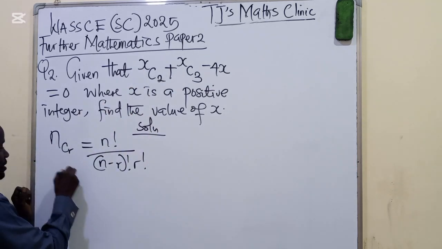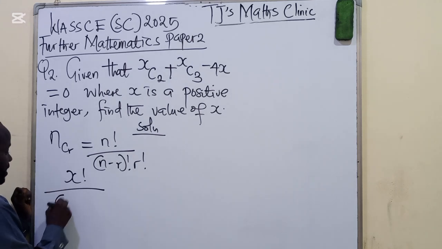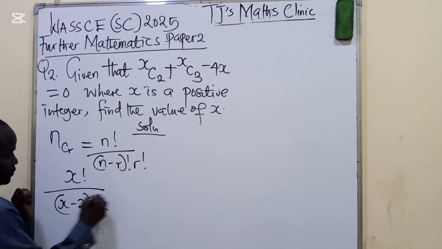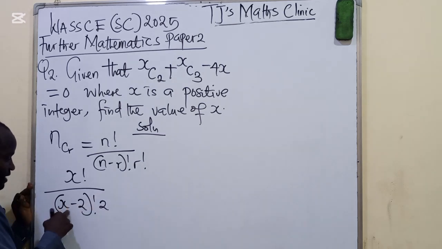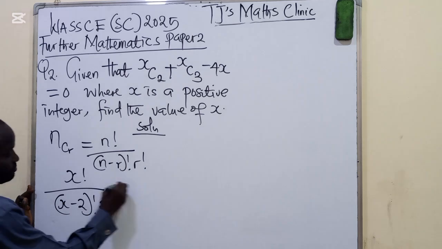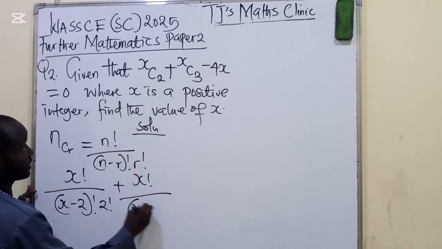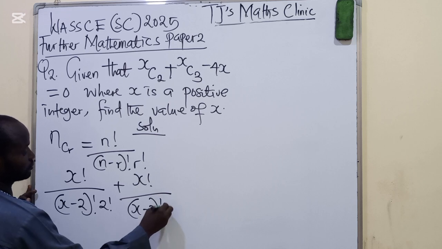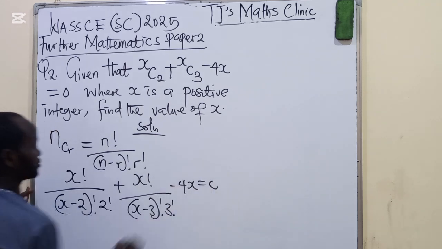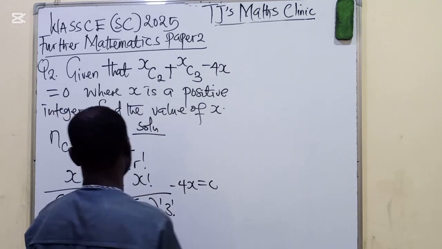So it will be x factorial divided by x minus 2 all factorial times 2 factorial, plus x factorial divided by x minus 3 all factorial times 3 factorial, minus 4x, must equal 0. We are asked to find the value of x.